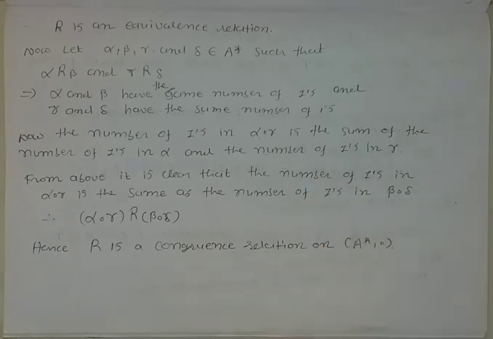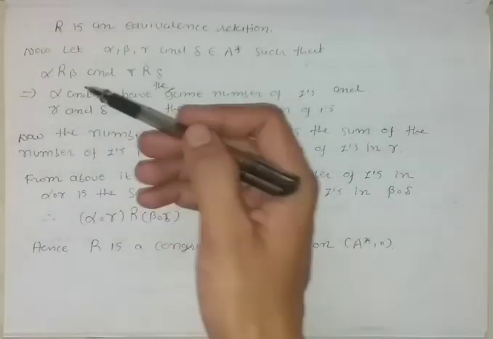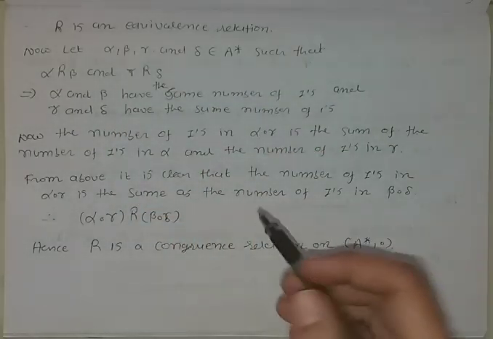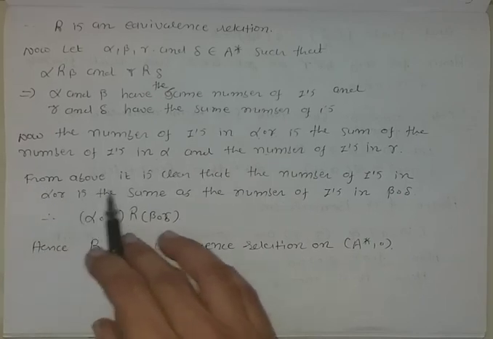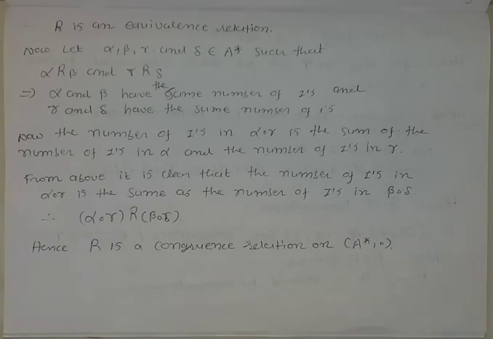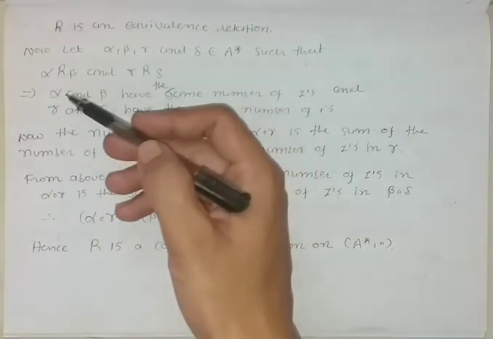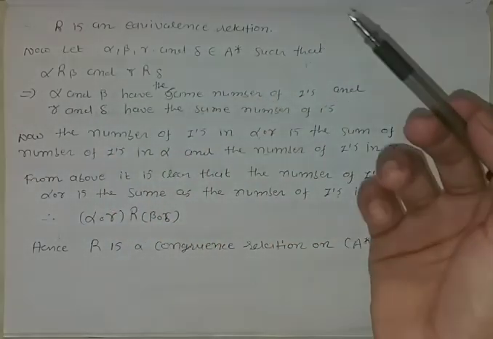So from above it is clear that alpha and beta have the same number of ones, and gamma and delta have the same number of ones.